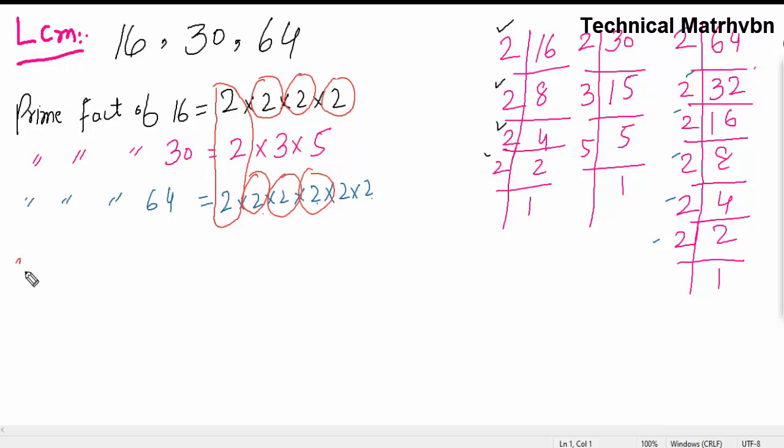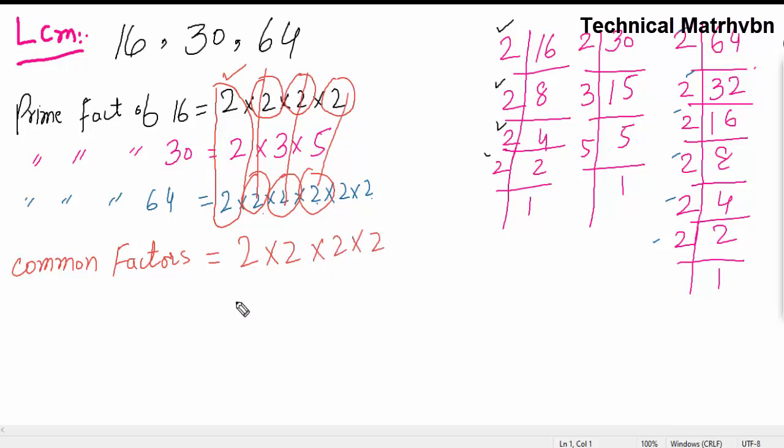So the common factors are 2: we write one 2 from this, 2 from this, 2 from this and 2 from this. 2 2s are 4, 2 4s are 8, 2 8s are 16. The multiple of the common factors is 16.